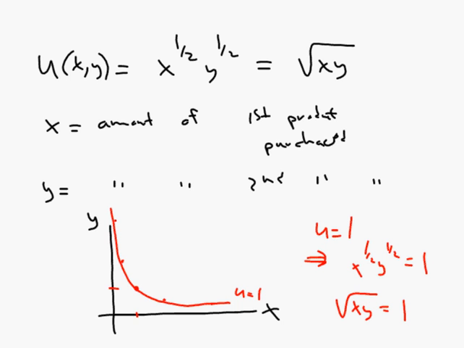Okay, and in economics, what they would say is that any bundle you purchase along here, so if you decided to buy 4 x's and 1/4 y, maybe these are things we can buy by weight, 4 pounds of something, 1/4 pound of something else, then the utility I would gain out of that is equal to 1, whatever 1 means.